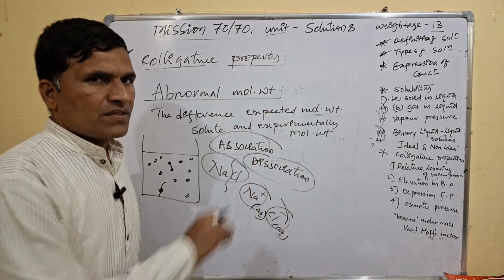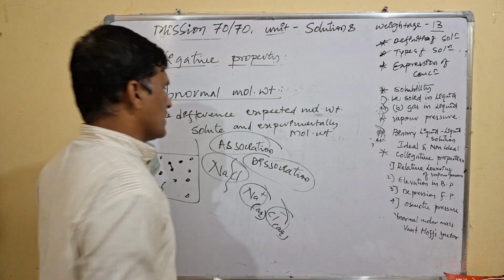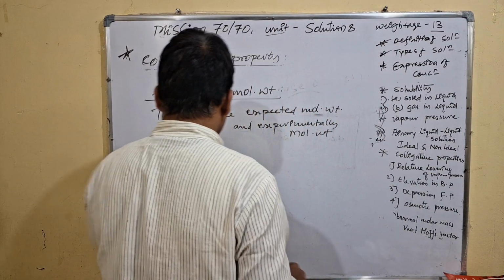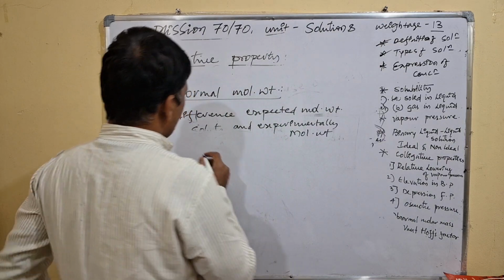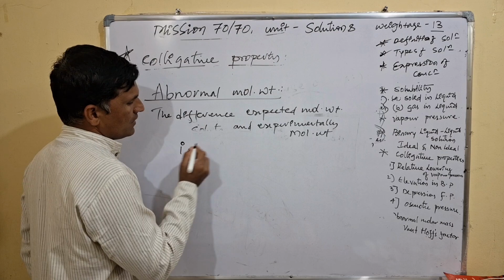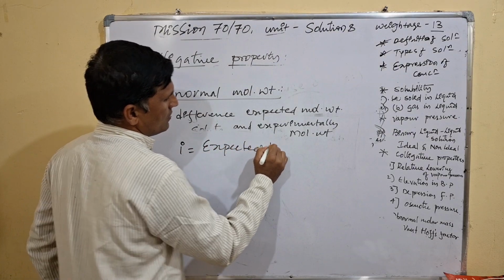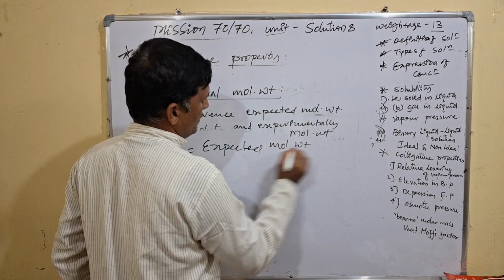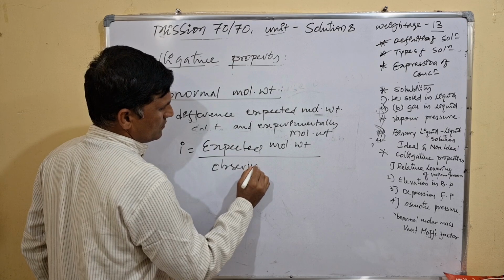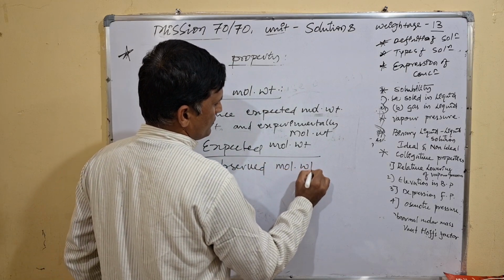To include this in the calculation of molecular weight, van't Hoff has given a factor called the i factor, the van't Hoff factor. This is very important. i is equal to expected molecular weight divided by observed or determined molecular weight.